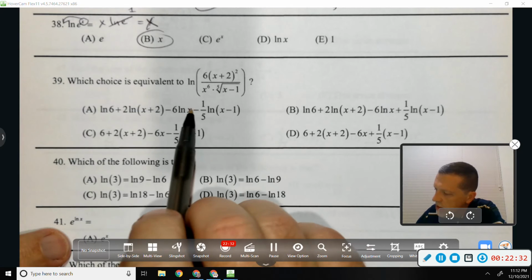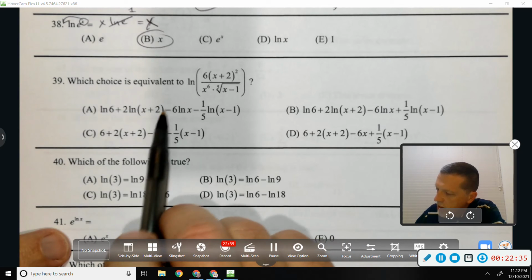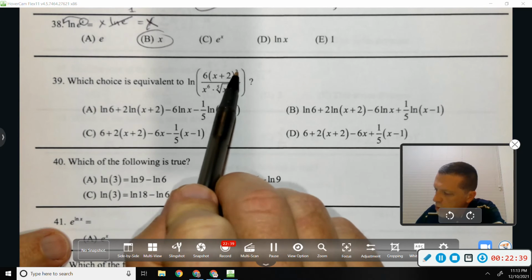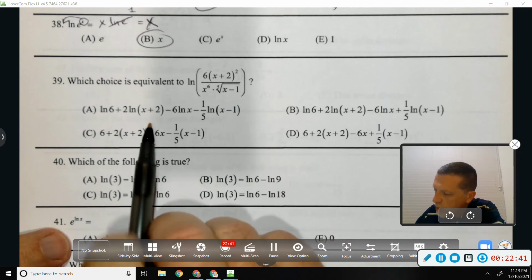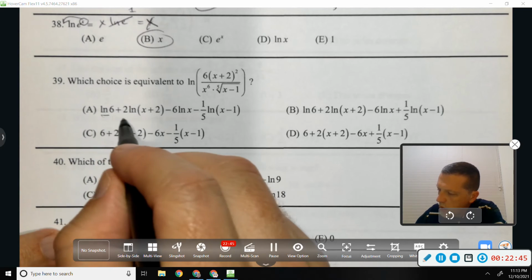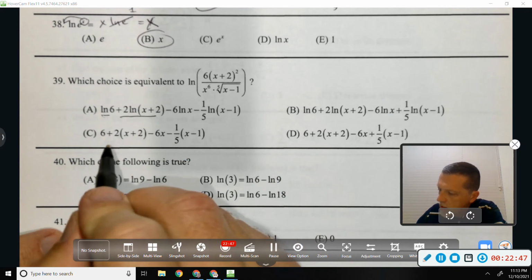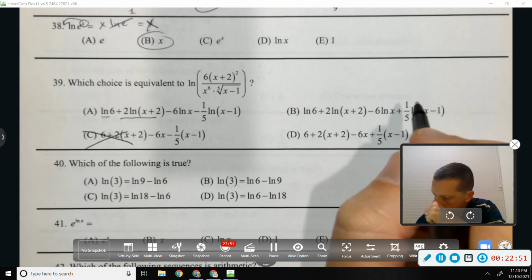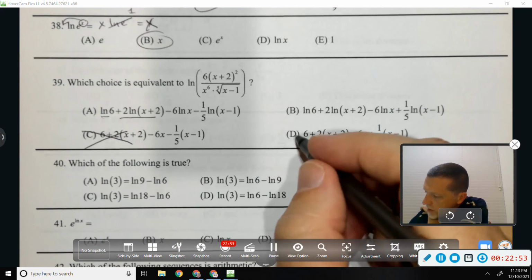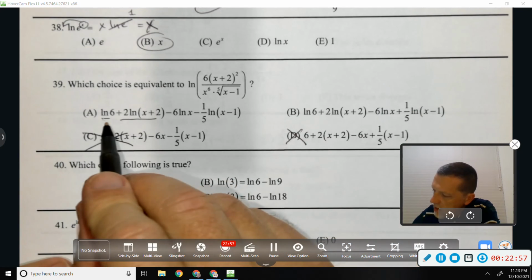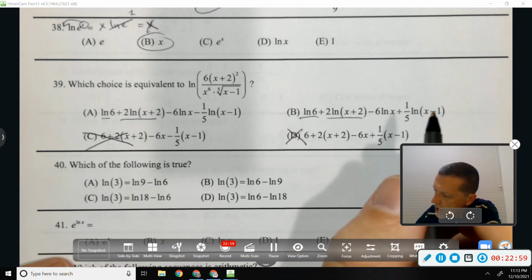Let's see if we can just look at our answers here. So we should have a 6 that's positive and a 2 natural log x plus 2 that's positive. So A and B, or A has it. C doesn't have any natural logs, so I don't know what's going on there. D doesn't have any natural logs either, so he's out. So first part is good.